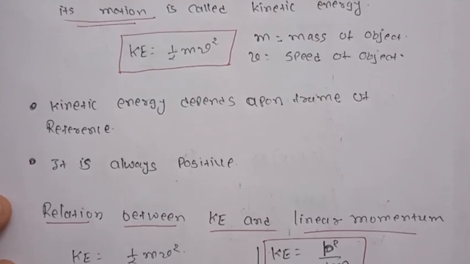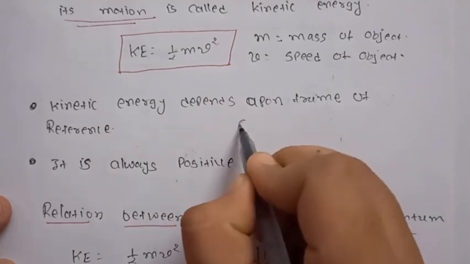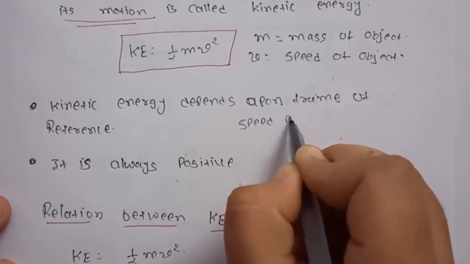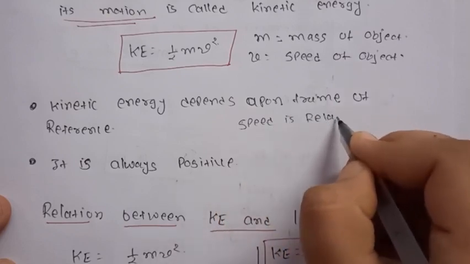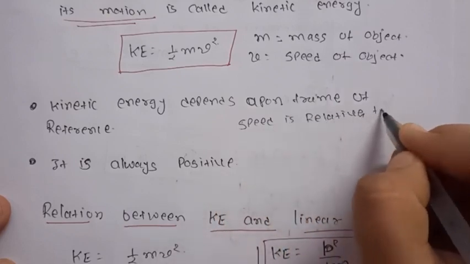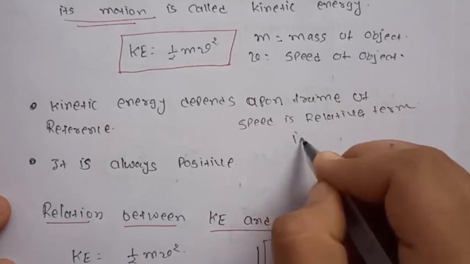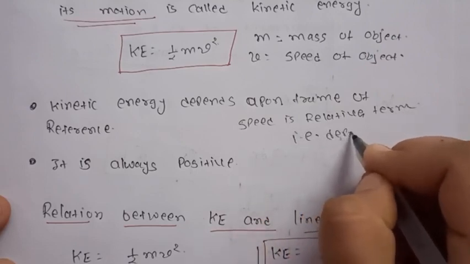In the chapter on force and laws of motion, we have seen that for different frames of reference, the velocity of a given object will be different, as speed is a relative term, that is, it depends on the observer.